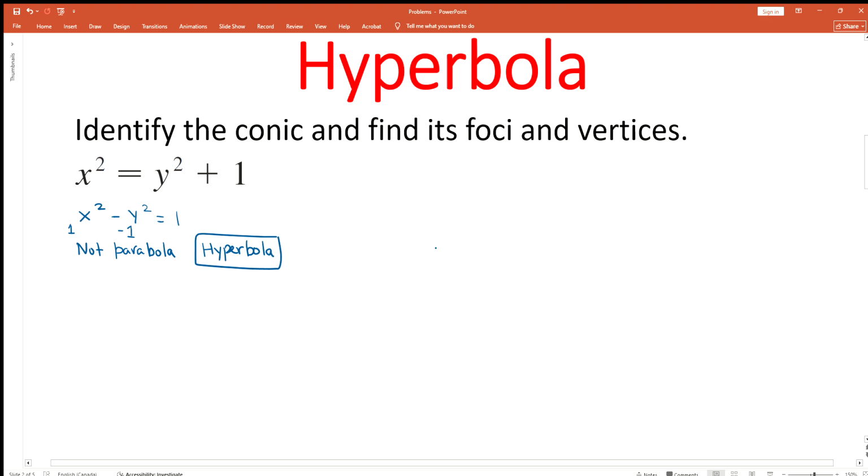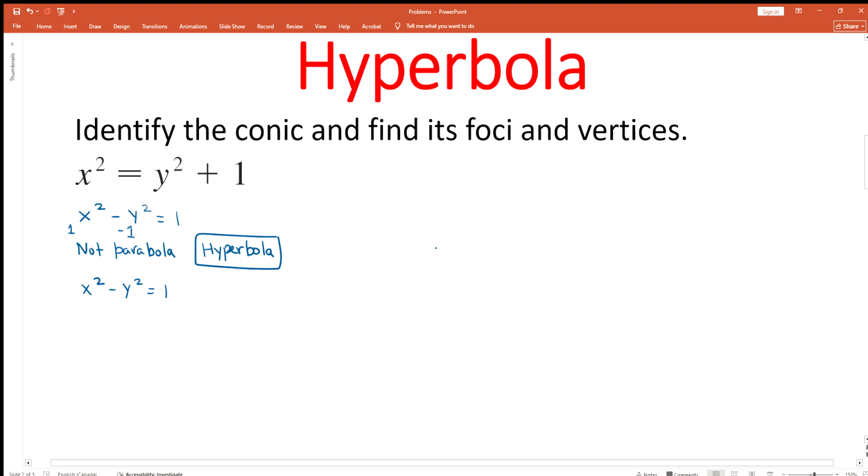Now we can analyze this equation to find the foci and vertices of this hyperbola. For that, we should write the equation of the hyperbola in standard form. In this equation, the coefficient of the y squared term is negative. That means the curves of the hyperbola are side by side. One of the curves opens to the left side and the other one opens to the right side.